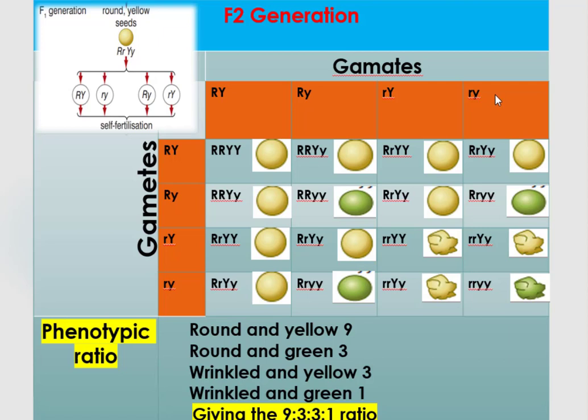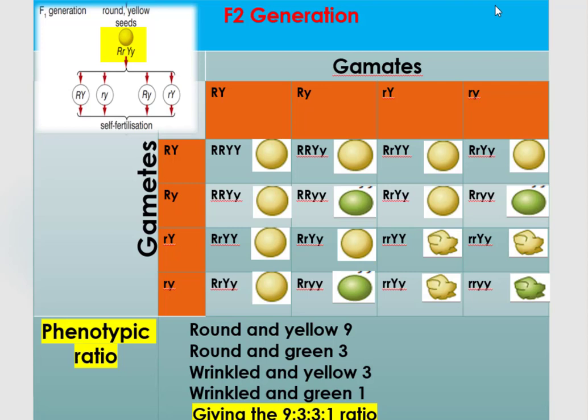Mendel then allowed the F1 plants to self-pollinate, or self-fertilize themselves. Let us see how the F1 plants, that is, round and yellow-seeded pea plants, segregate to produce gametes. F1 plants have the genotype capital R small r, capital Y small y.